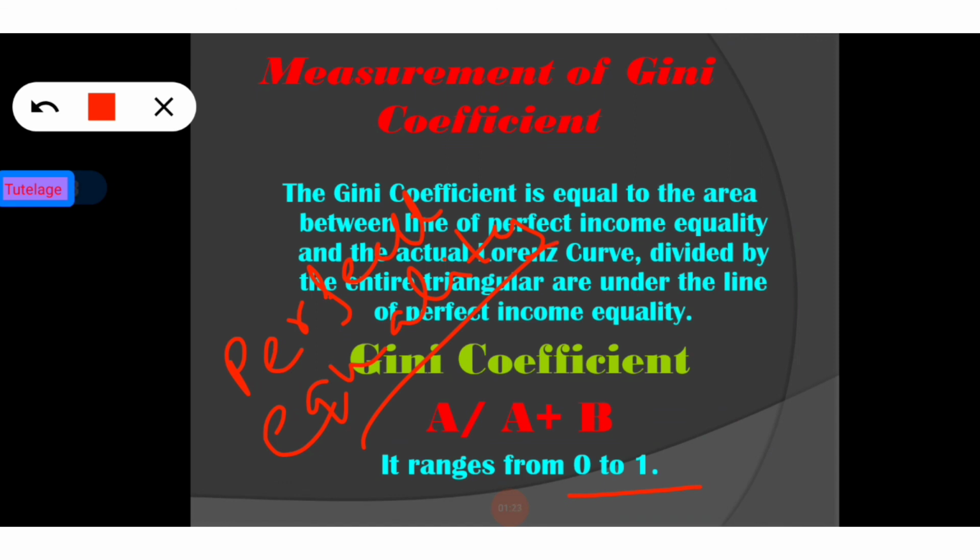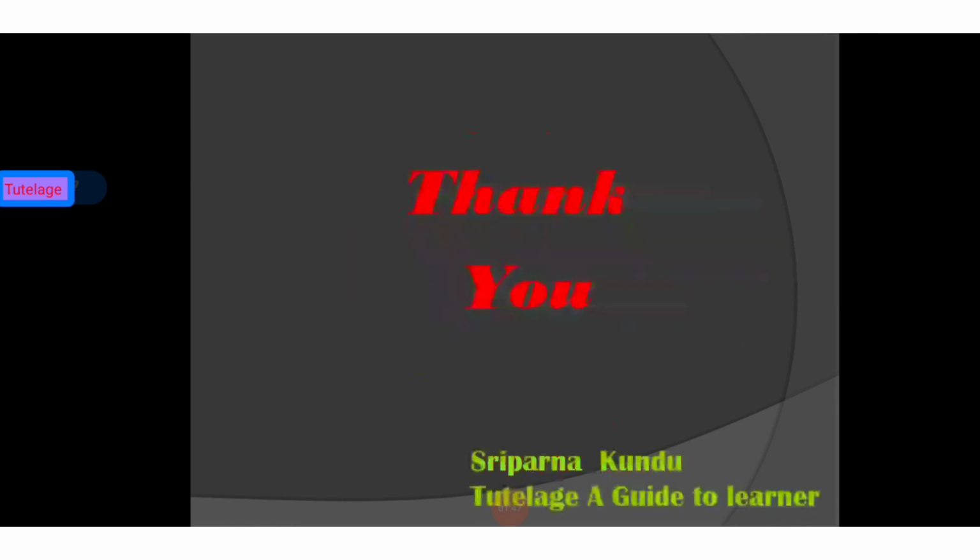And if the value of the Gini coefficient is 1, that indicates perfect inequality, where only one recipient or a group of recipients receives all the income. I think this is clear. So the Gini coefficient ranges from 0 to 1.